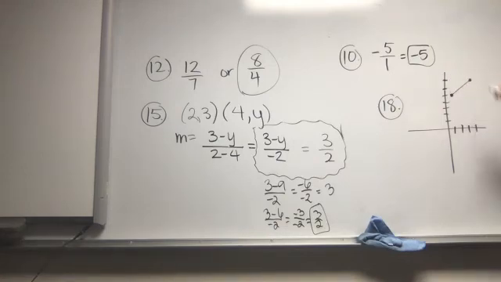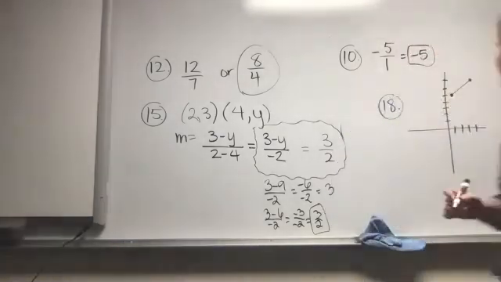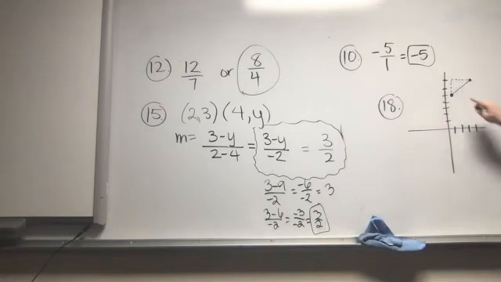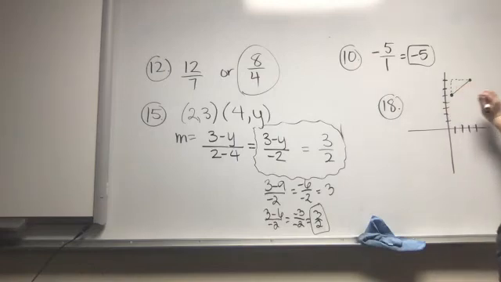Connect those up. And then remember to find these two sides here. So how many up did I go for that side? That went up 2, I believe. Or is it 3? I can't even read my own handwriting. And then over 3.